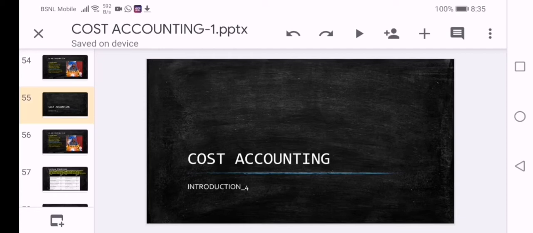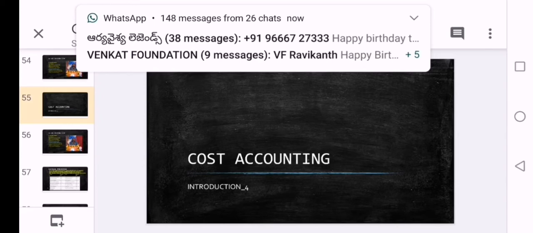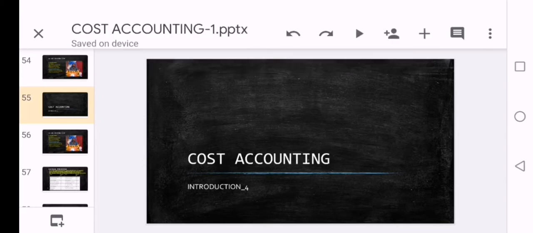Now, in this fourth session, we are heading to learn application of various theory aspects that we learned in the form of computing factory cost, prime cost, and in the next stage, computation of cost sheet.